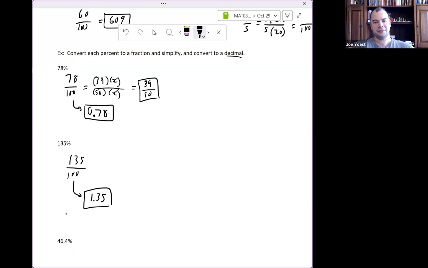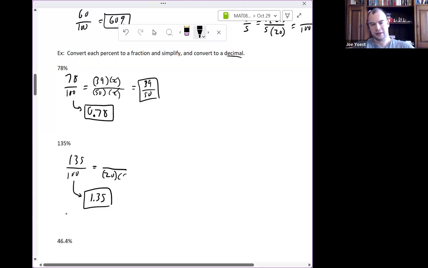Or I could keep it as a fraction. Can I simplify it at all? Well, it looks like there's a factor of 5. Now that we've got decimal points floating around everywhere, I'll try to use parentheses to denote multiplication instead of dots because it's a little clearer. If I write the dot a little bit too low, it might look like a decimal point.